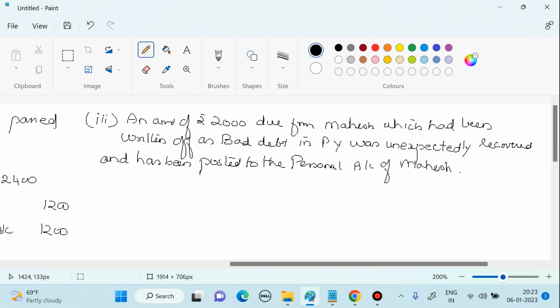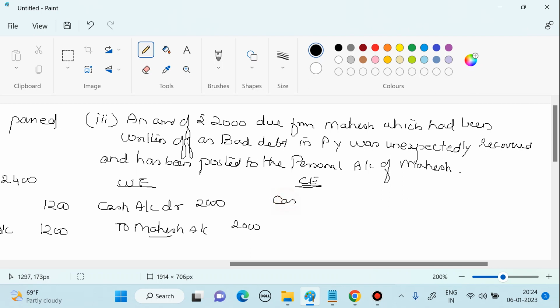So they passed the wrong entry of amount being received, cash or bank account debit, to Mahesh's account, which is wrong. By crediting Mahesh account, you are creating a credit balance in Mahesh as if you are supposed to pay him back. But when you recover some amount like this, which was previously written off as bad debt, as a loss, now when you're getting it back, it is a gain for the business.